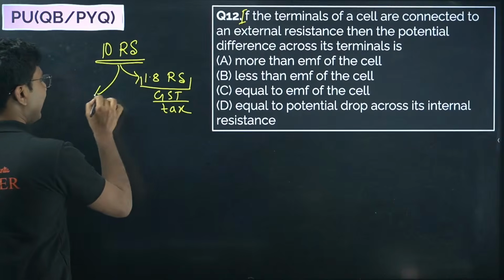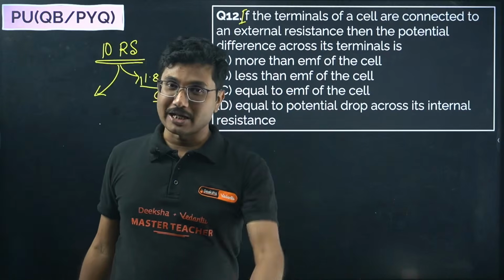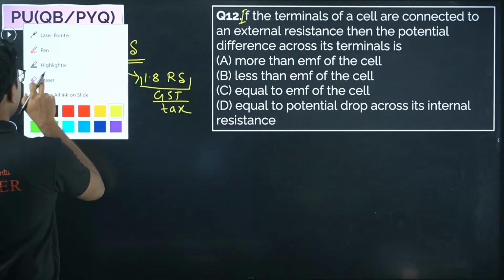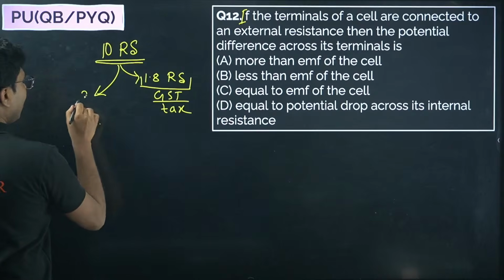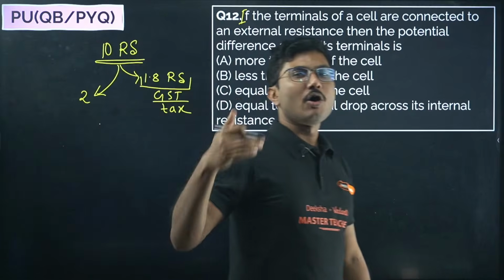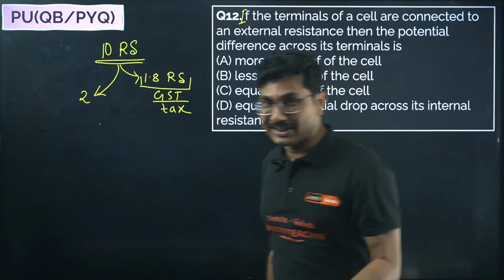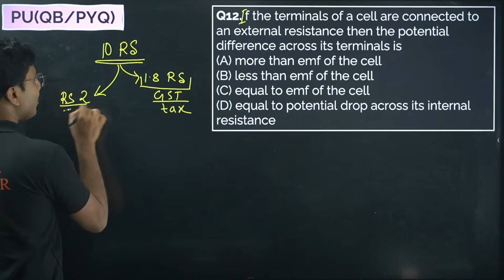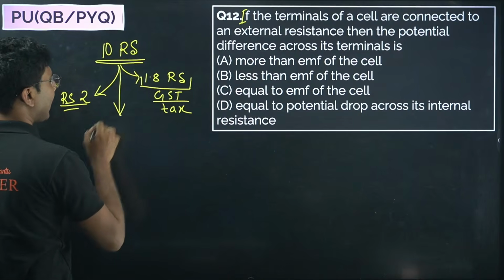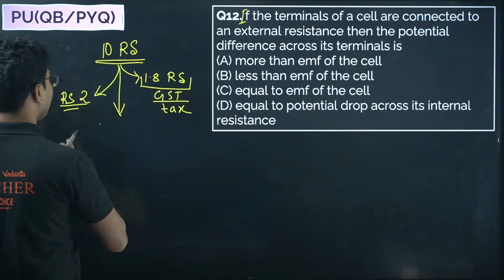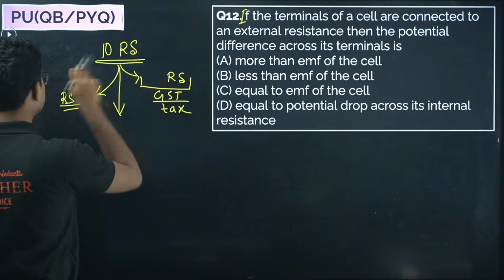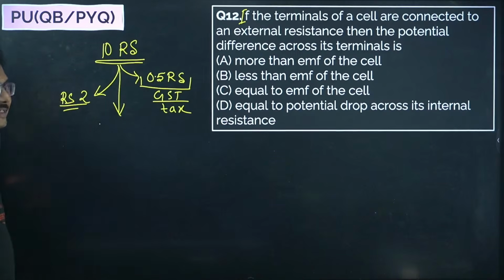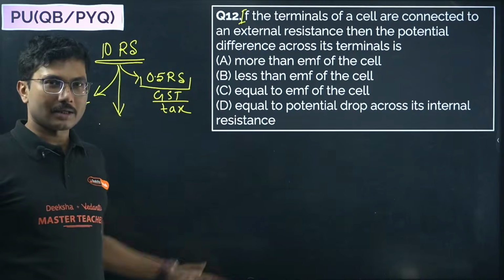The company also spends on advertisement, transport, packaging and manufacturing equipment, say 2 rupees per packet, which you are not getting either.